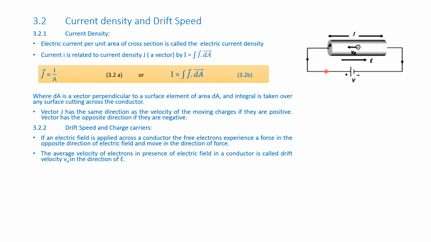The average velocity of movement of electrons in the presence of an external field in a conductor is called drift velocity, Vd, in the direction of force.